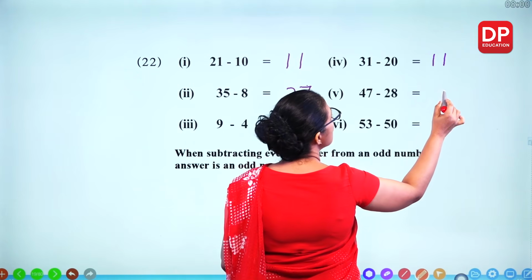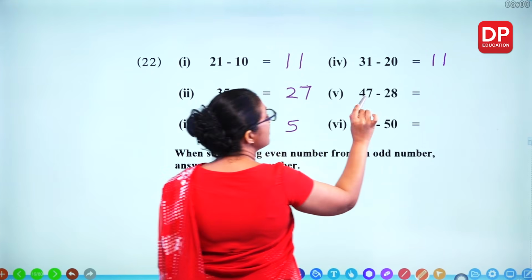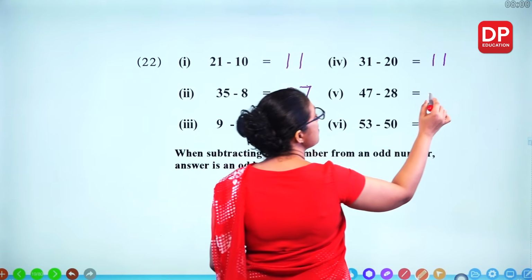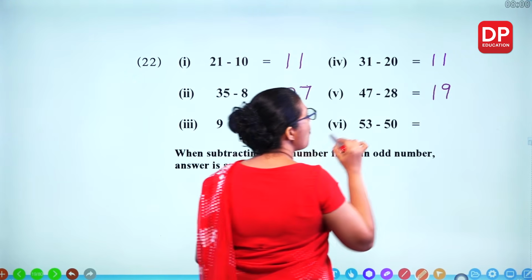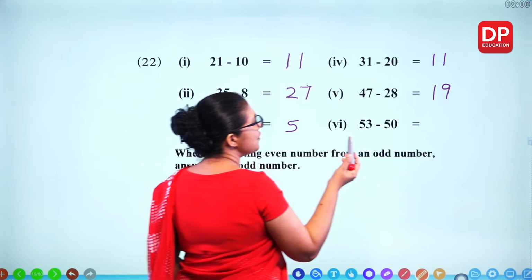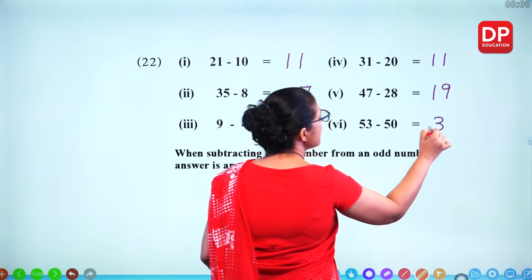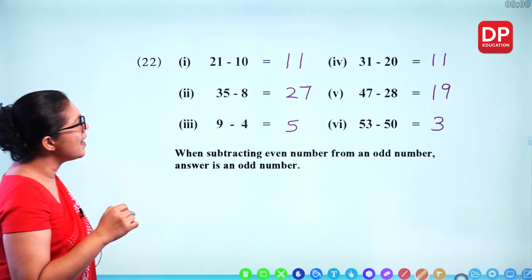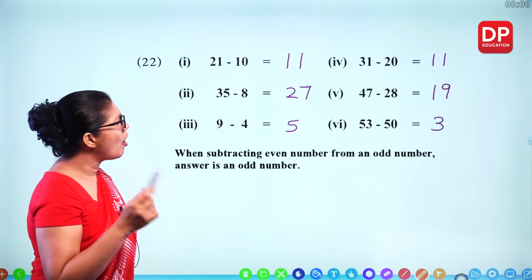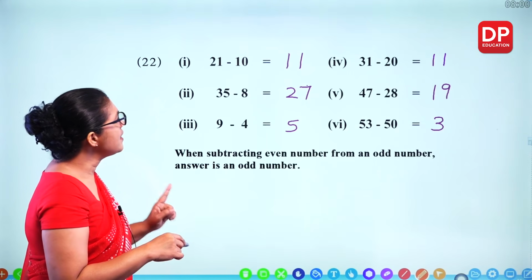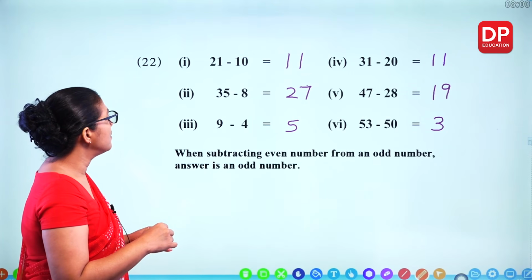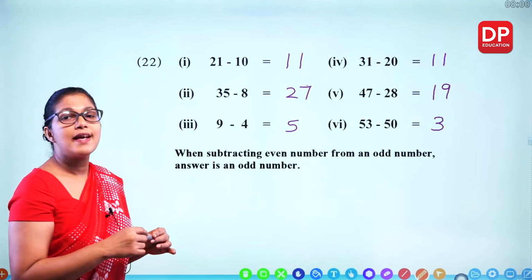This one you get 1 here. 17 minus 8, 9. And this becomes 3 minus 2, 1. 53 minus 50, that's 3. Now look at all the answers. All are odd numbers. So when subtracting even number from an odd number, answer is an odd number.